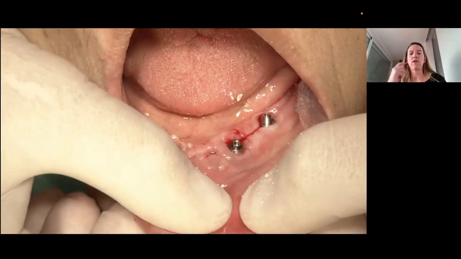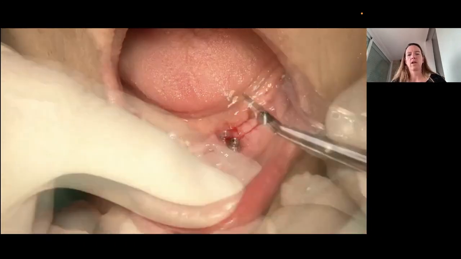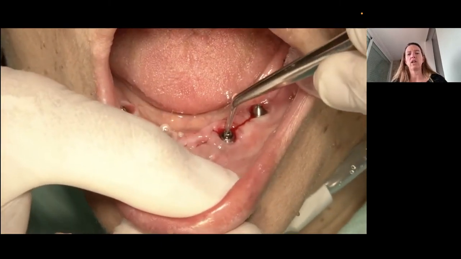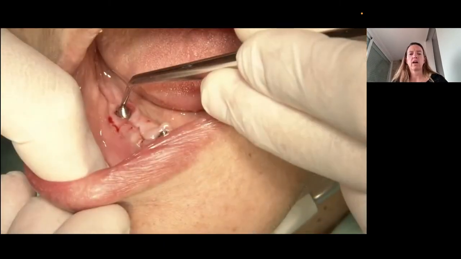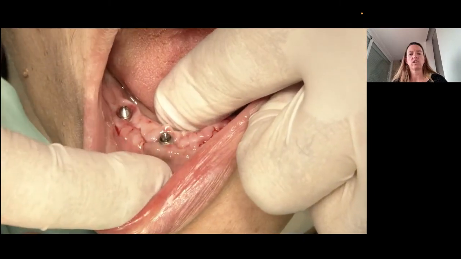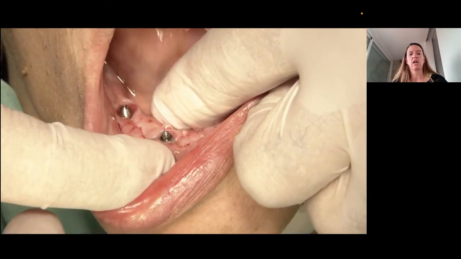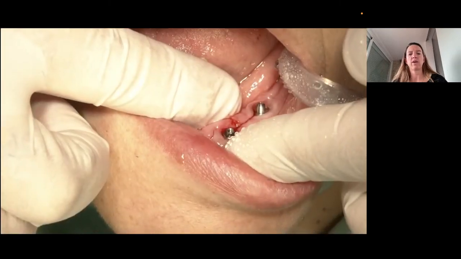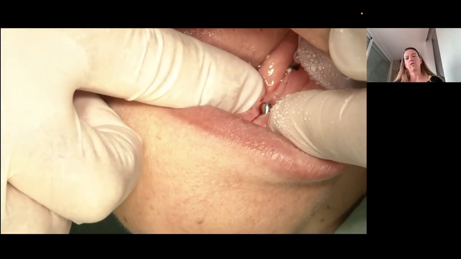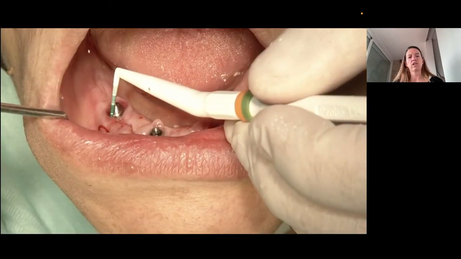We look very, very carefully at them. We check if any of the prosthetic components are loose. We check if we have any suppuration. So we compress the tissues with 2 fingers to understand if we have any suppuration.